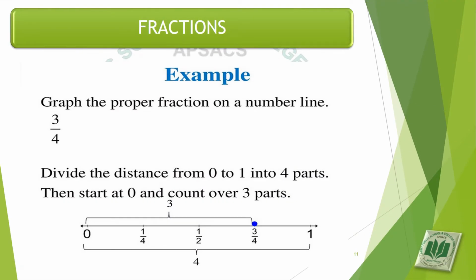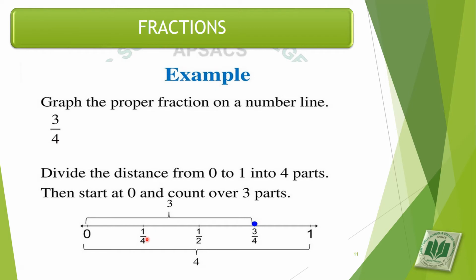Let's solve an example: graph the proper fraction on a number line. The fraction is 3 by 4. Again, to answer this, we know that this fraction lies between 0 and 1 and we will divide it into 4 equal parts. Why 4 equal parts? Because we have 4 in the denominator.